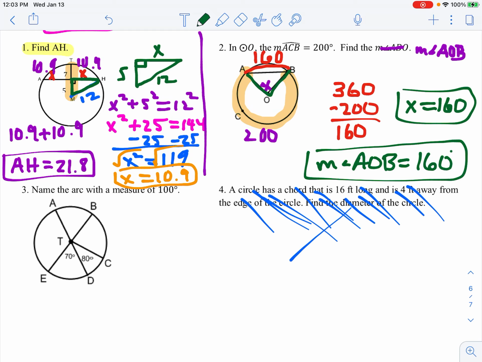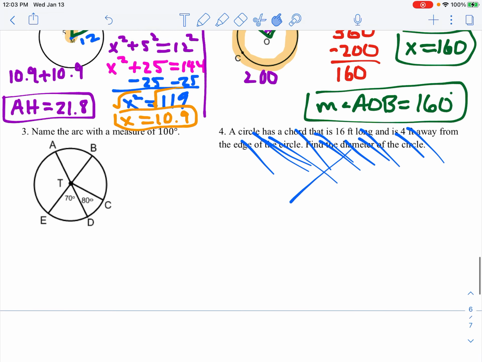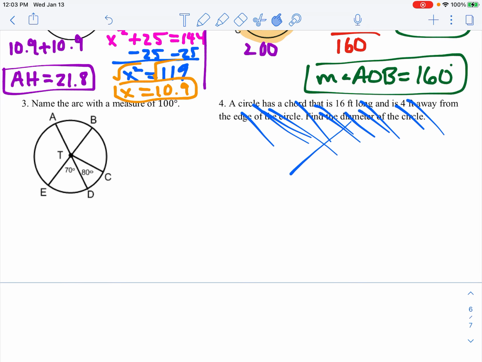All right, let's go ahead and do one more example. This time they want us to name the arc with a measure of 100 degrees. I notice if I'm naming an arc and it's smaller than 180, I should be using 2 letters. All right, so we're going to try to find some missing pieces.